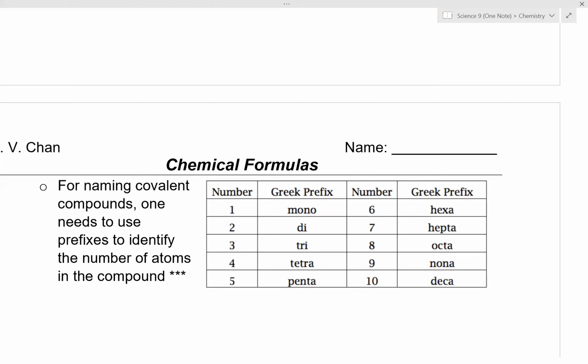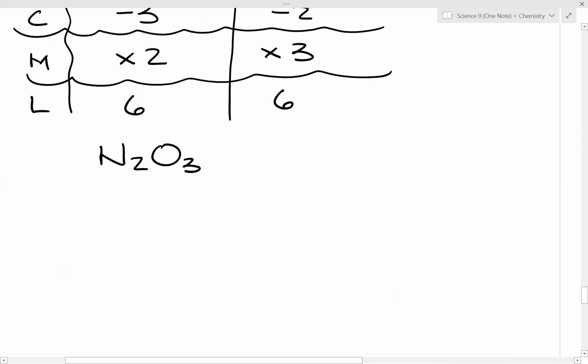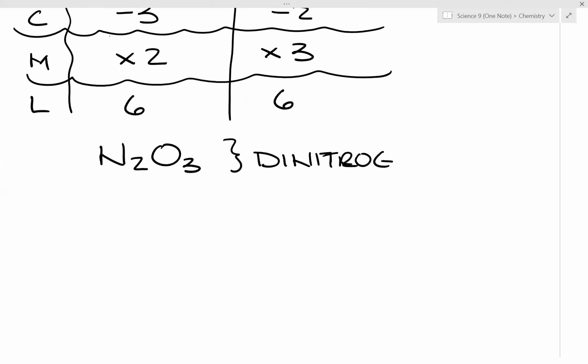So for this particular formula, it is dinitrogen trioxide.